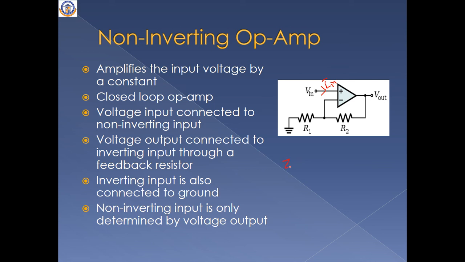The input impedance is equal to V in divided by I in. If you consider this Opamp as an ideal Opamp, there won't be any current through this terminal, so I in is equal to 0. If you substitute V in divided by 0, then Z in, the impedance, is infinity.